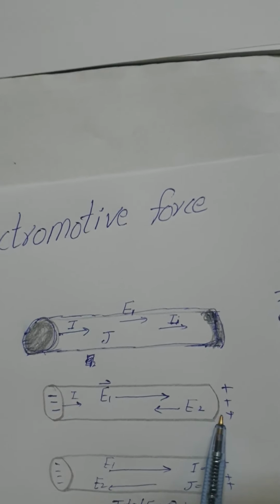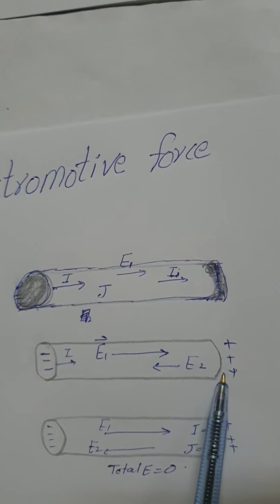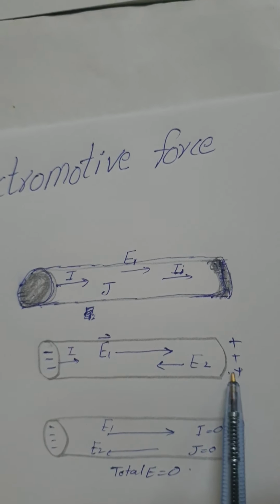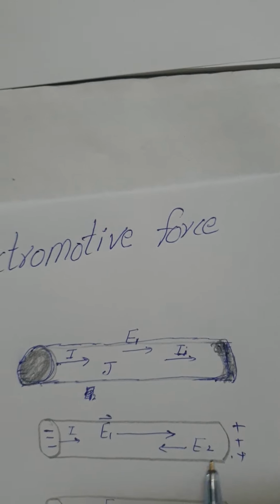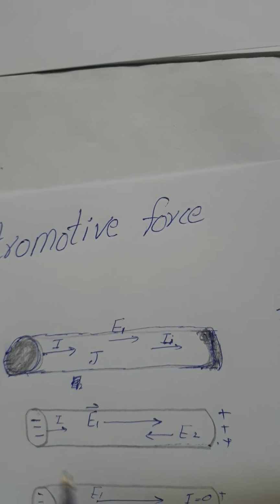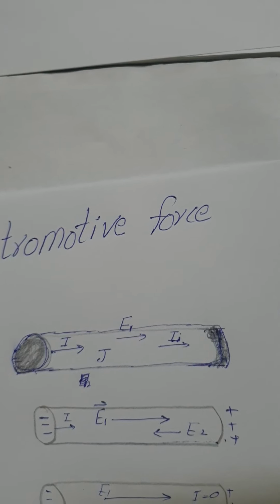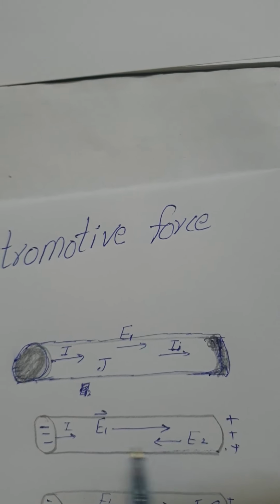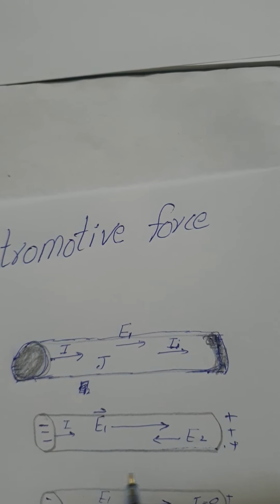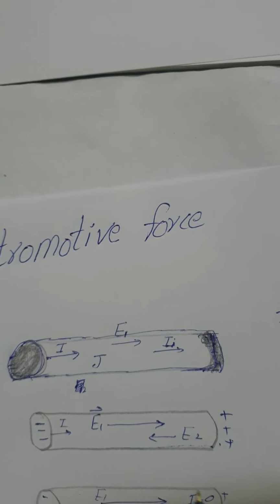These charges themselves produce an electric field E2, from positive towards negative, and this is opposite to E1. Of course the total electric field and the current decrease.